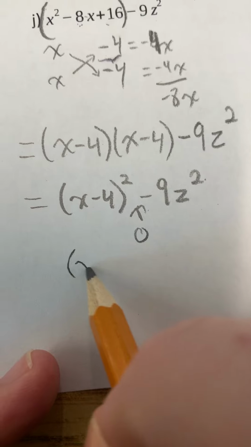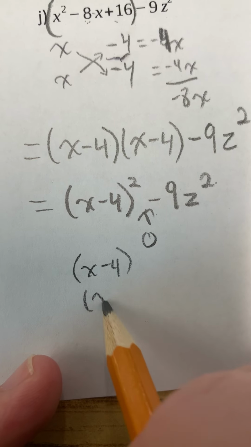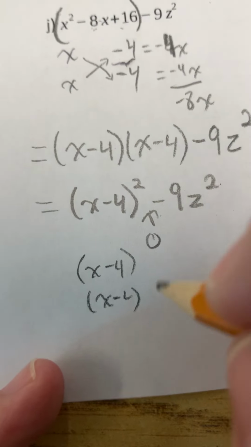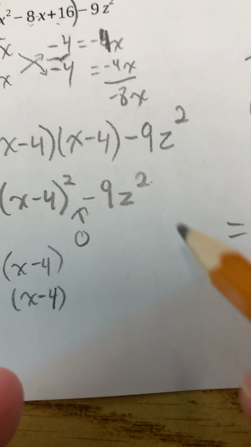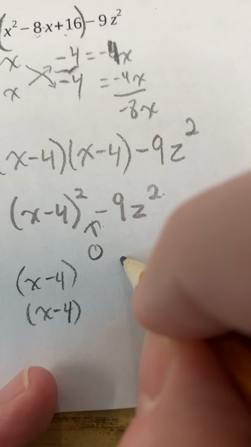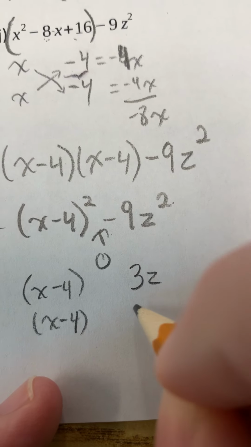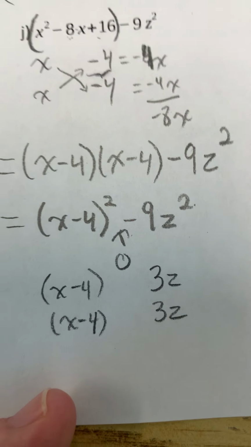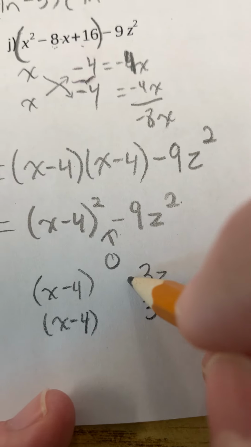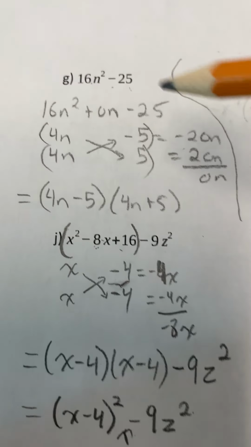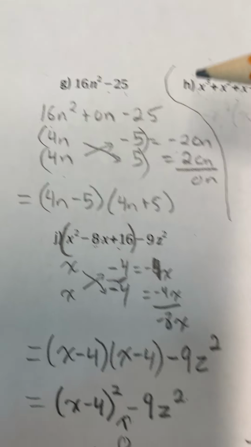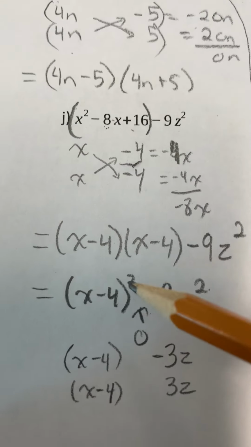The first term is x minus 4 and x minus 4. The second term, we're gonna break down into 3z and 3z. But it has to be a negative. So just like we did up here, we broke it down to 4n, 4n, 5 and 5. So we're doing the same thing.